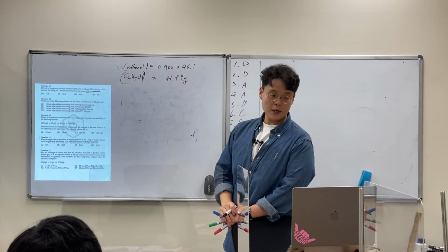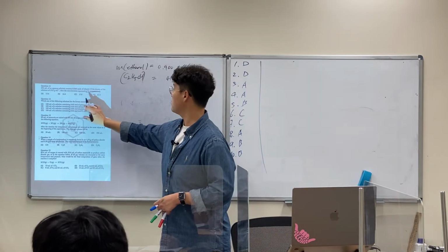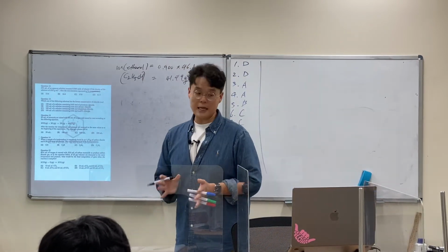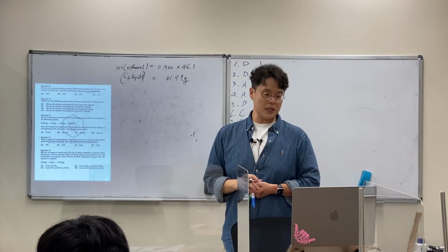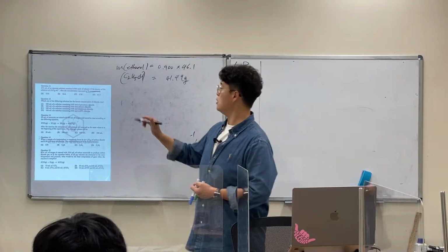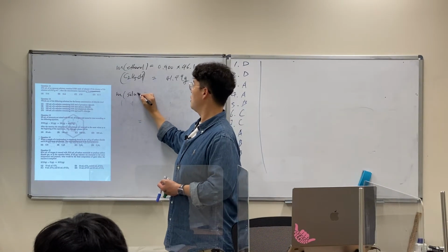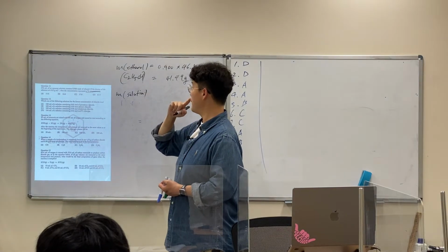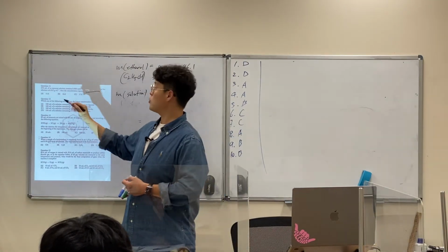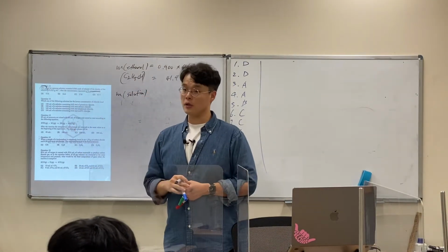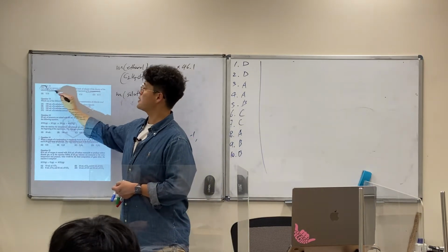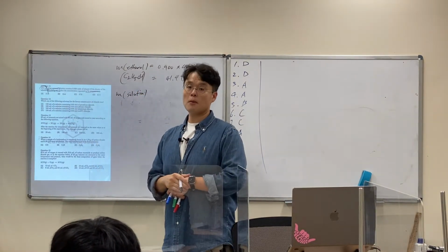All right, from here, what do we need to find? The percentage composition. If the density is given, it means we can find the mass of the solution. If we have 250 mL of this solution, and the solution has this density, what would be the mass of the solution?